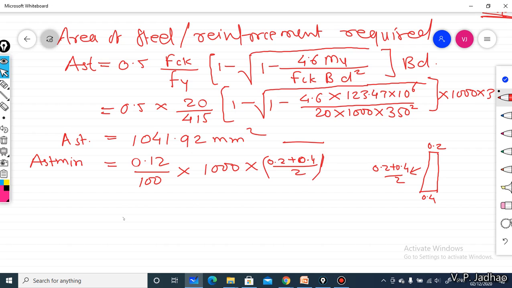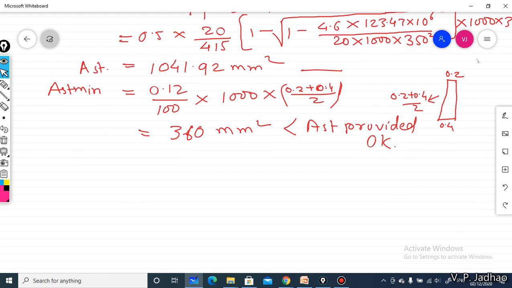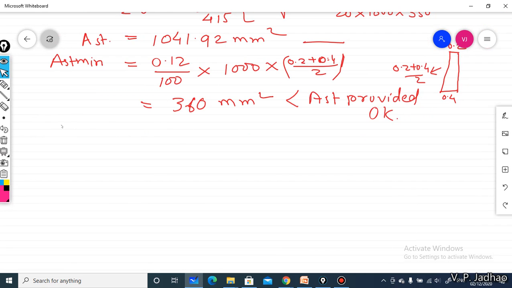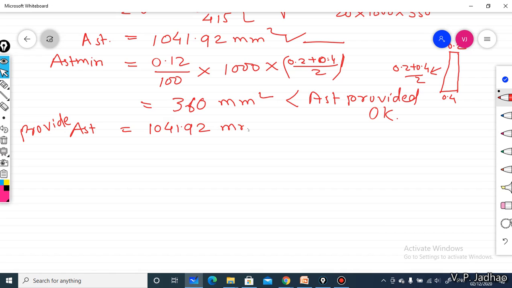So our Ast minimum comes out to be 360 mm square, and it is less than Ast provided, and hence okay. Therefore we will provide Ast equal to 1041.92 mm square.